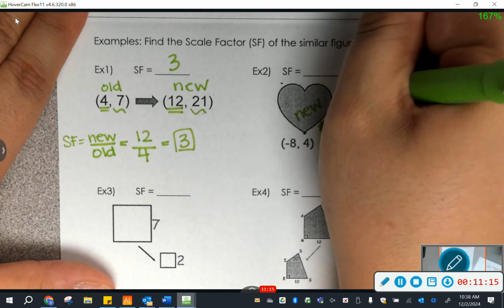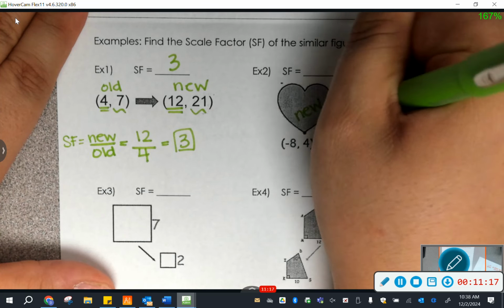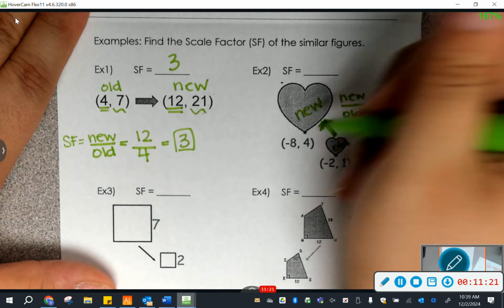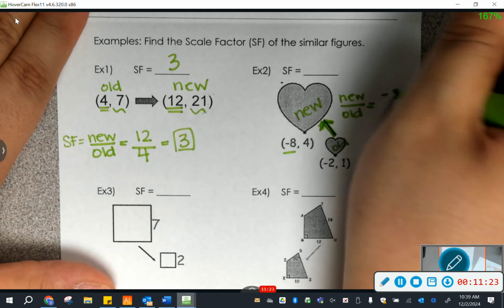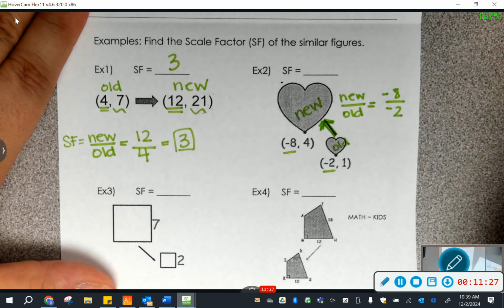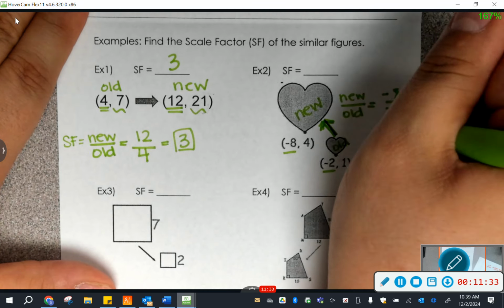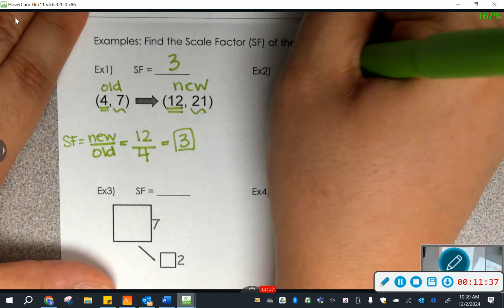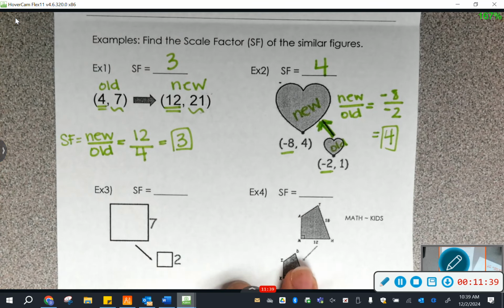So then to find scale factor, you're doing new over old. What's my new value? -8. What's my old value? -2. And what is -8 divided by -2? A negative divided by a negative is a positive, and 8 divided by 2 is 4. 4 is my scale factor.